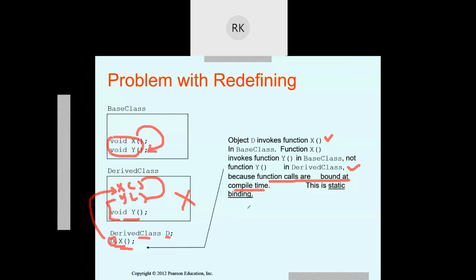The decision of the compiler is like this: you see the d, which is the child class object, calls the function x. So function x is basically from the parent. It is basically a parent class function; the child only got it through inheritance. The inheritance will actually occur when the program actually runs.